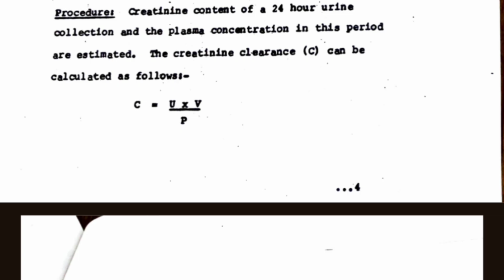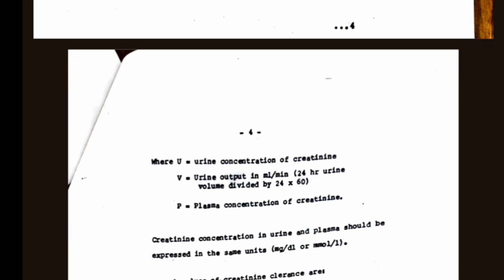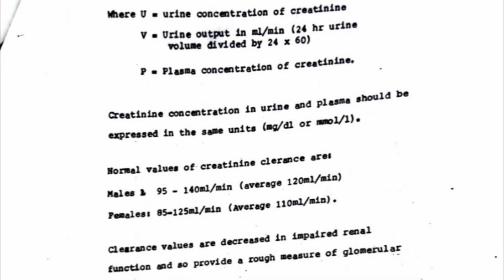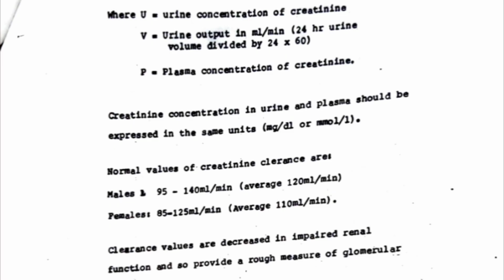If they ask for viva, you have to say C is equal to U into V divided by P, where P is the plasma concentration of creatinine, U is the urine concentration of creatinine, and V is the urine output in ml per minute, that is 24-hour urine volume divided by 24 into 60. Creatinine concentration in urine and plasma should be expressed in the same units, that is mg per deciliter or millimoles per liter.